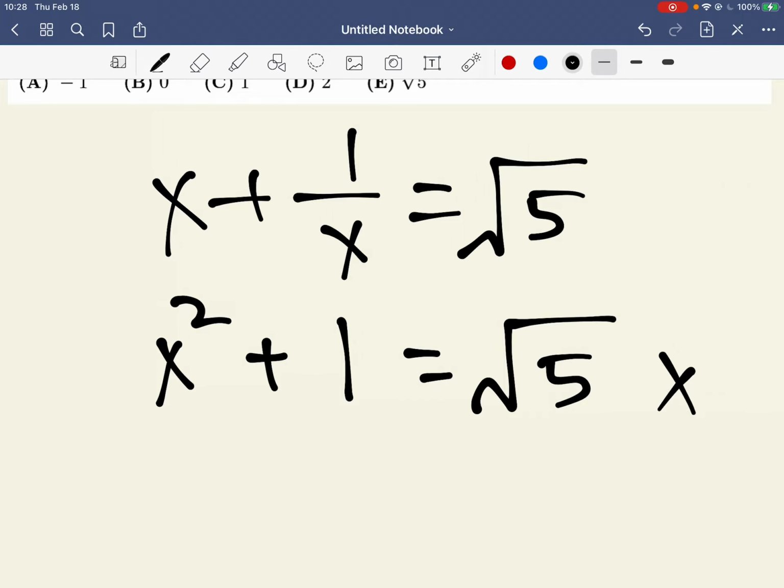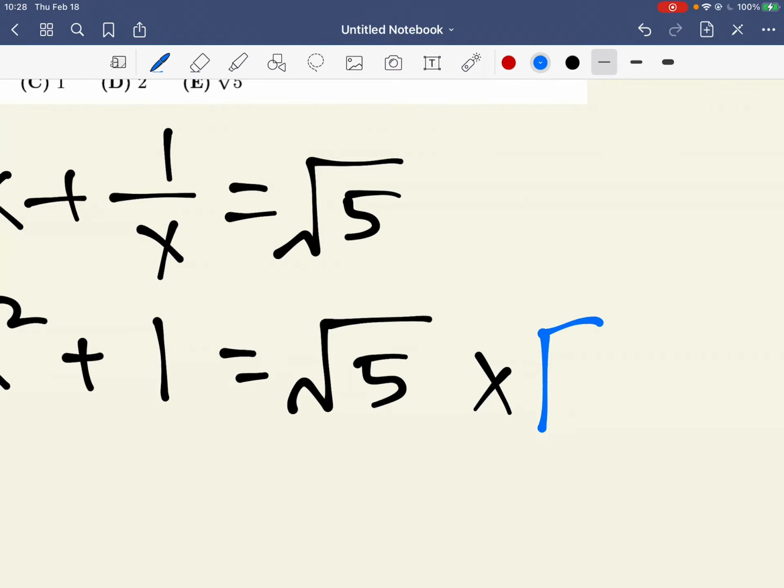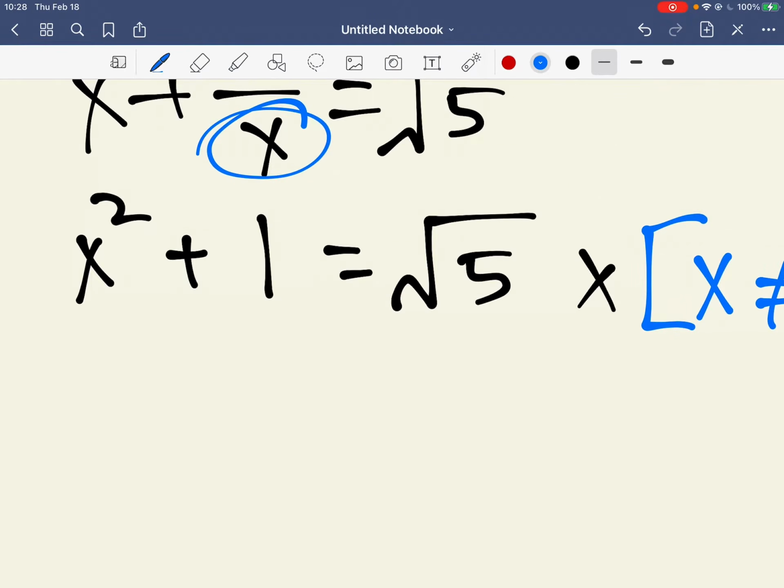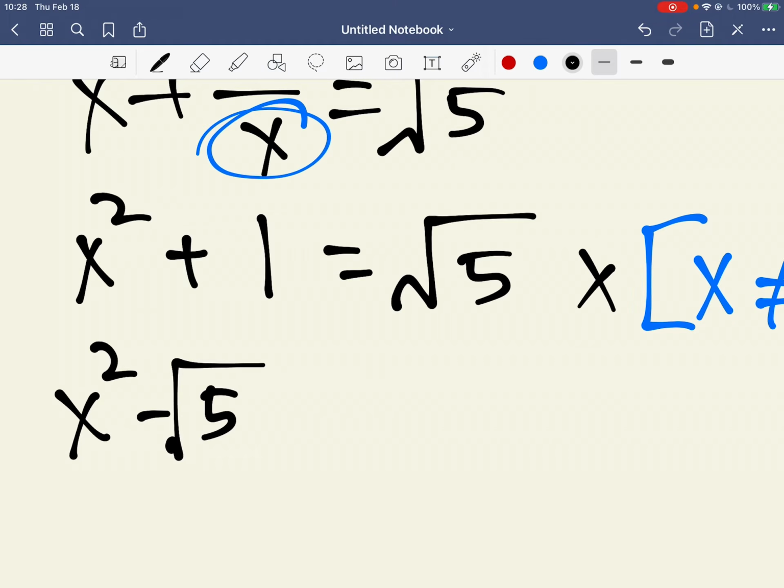We need to be careful that right now x cannot be equal to 0, because the denominator contains x, so x cannot be 0. If we get a 0 result, we need to disregard that. So let's continue. X squared minus root 5x plus 1 is equal to 0.